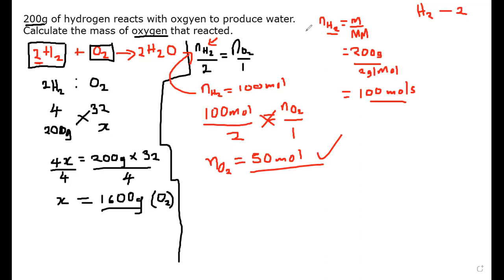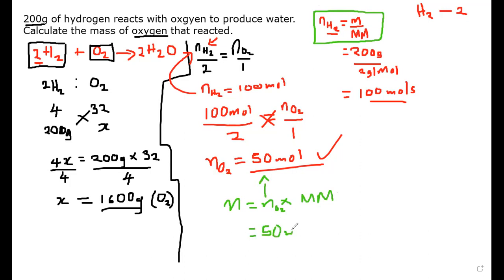So if I know the number of moles, how do we link moles to mass? Remember this formula. Now you make mass the subject of the formula. Therefore, mass will be equal to the number of moles times the molar mass. So what is the number of moles of oxygen? The number of moles of oxygen that you found is 50 moles.